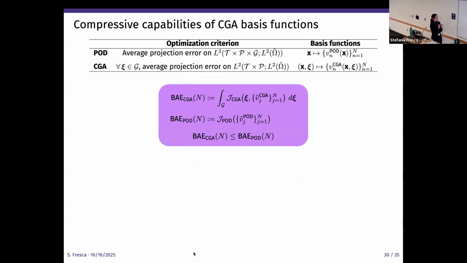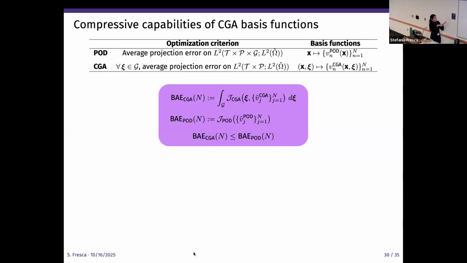In the table, I summarized the optimization problem features of POD and CGA. So, POD gives us optimal basis functions on average, because it doesn't distinguish between physical and geometrical parameters.